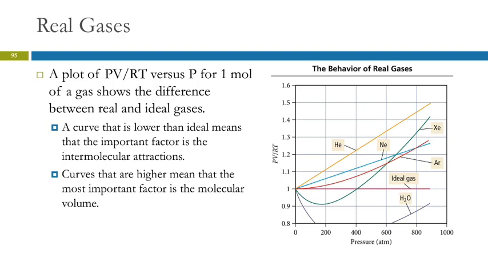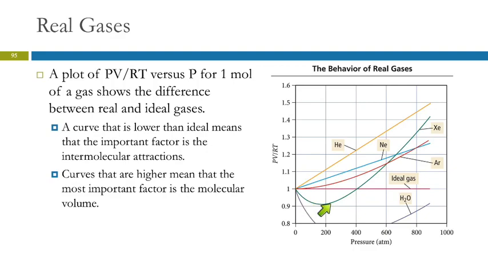There's 2 things that are affecting deviation. One is particle size, and the other is interactions between the particles. So for helium, for neon, and for argon, it's the particle size that's causing deviation. Xenon kind of goes both ways.